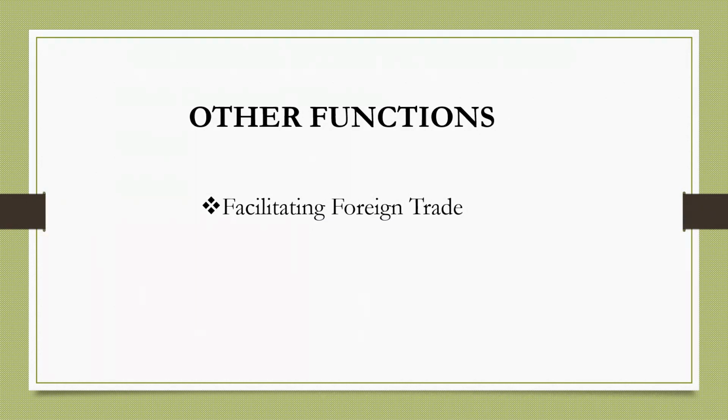Originally, this was done by foreign exchange banks, but now most of the nationalized commercial banks have been permitted to buy and sell foreign exchange. They help in the conduct of foreign trade by discounting exchange bills in foreign transactions. So these are the functions of commercial banks.